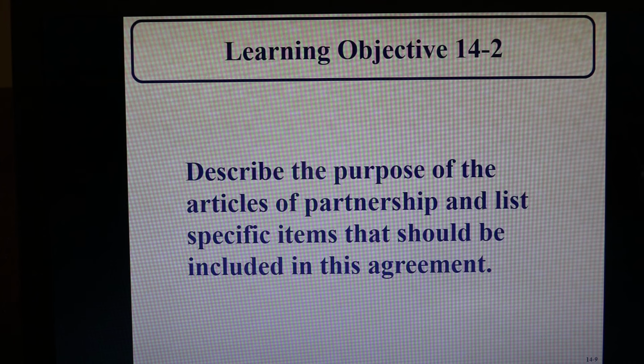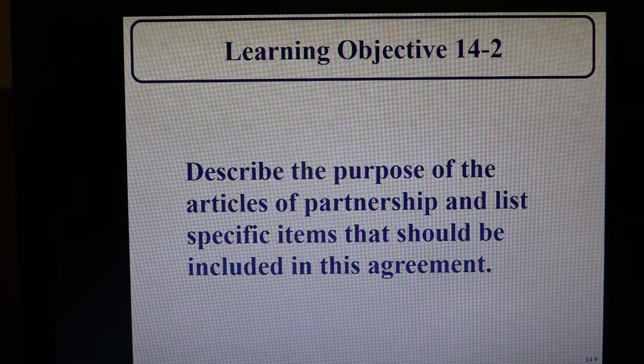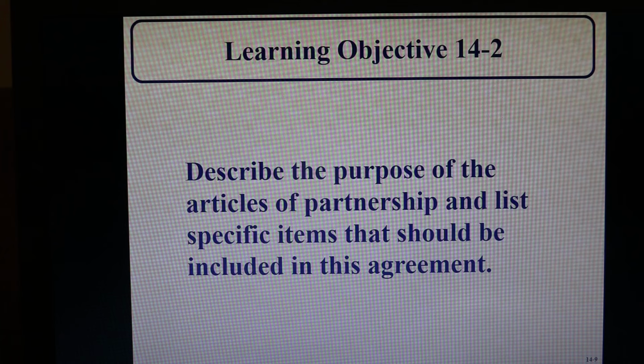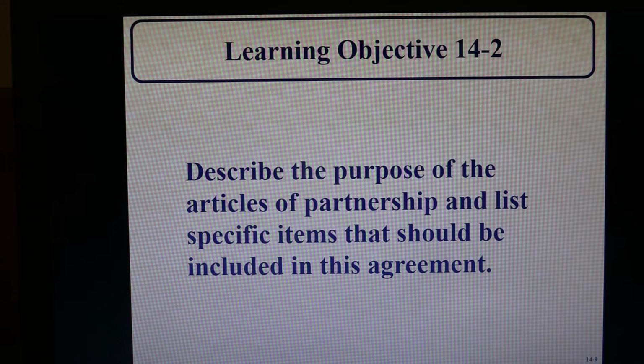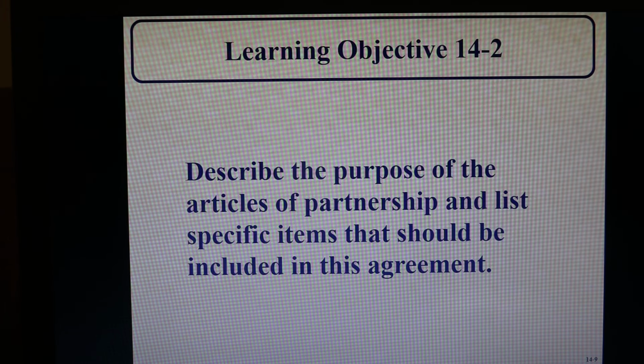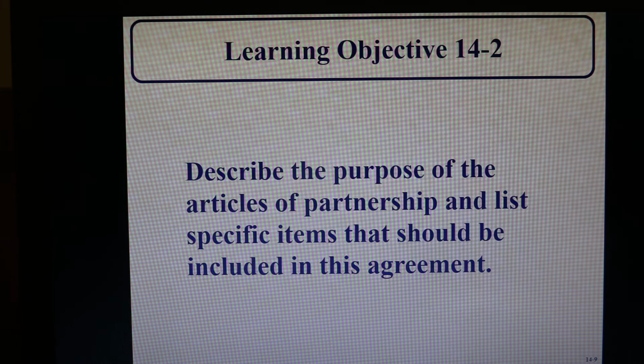But what you have to realize is that UPA and RUPA, as they're called, are only effective to the extent that some issue is not covered in the partnership agreement, what they call articles of partnership. So when I say partnership agreement and they say articles of partnership, just realize that I'm referring to the same thing they're referring to. They're one and the same.